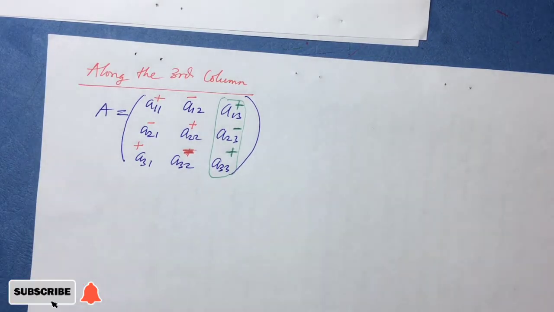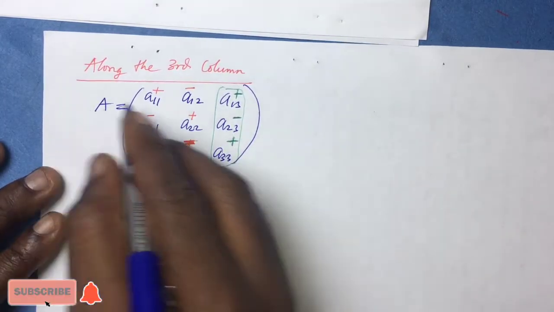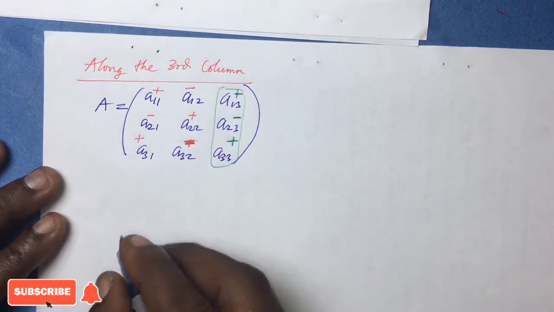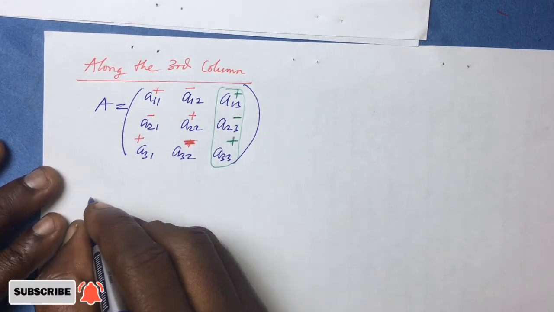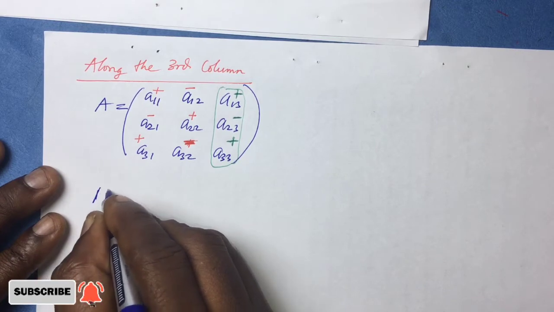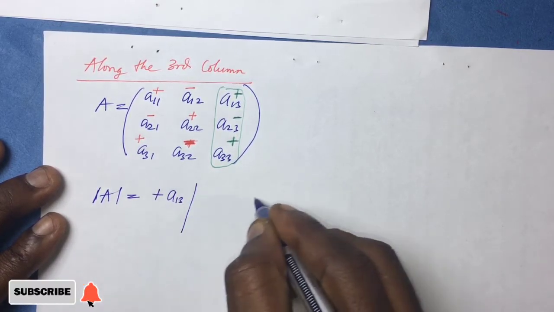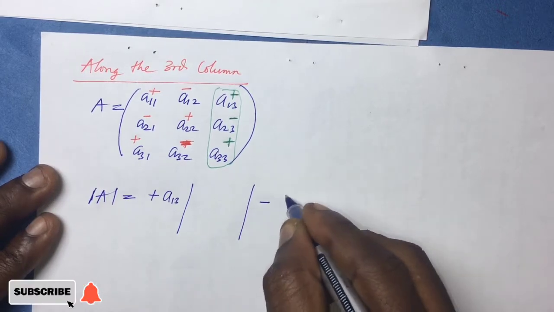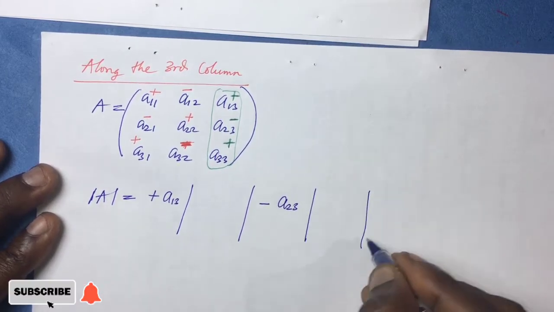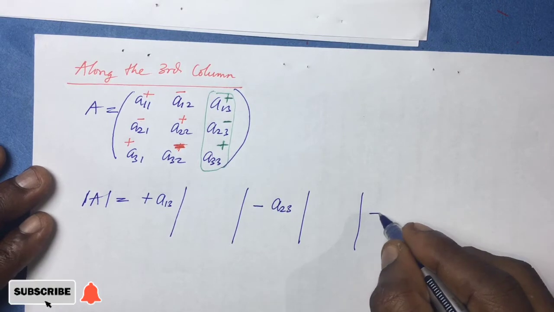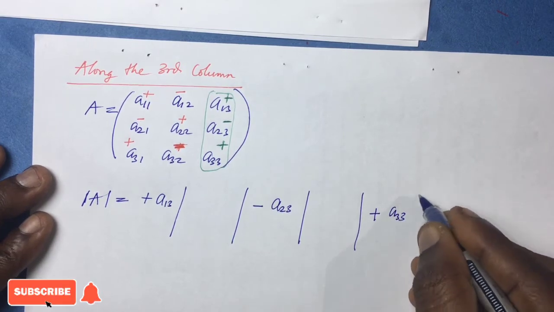Now that being said, let us obtain the determinant of this 3 by 3 matrix along the third column. That will be taking the determinant of A to be plus A13, take the minor of that, minus A23, take its minor determinant, and then plus A33.